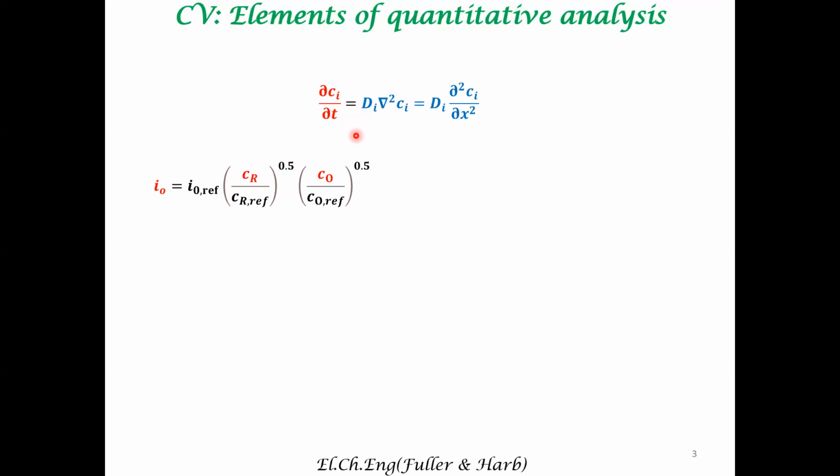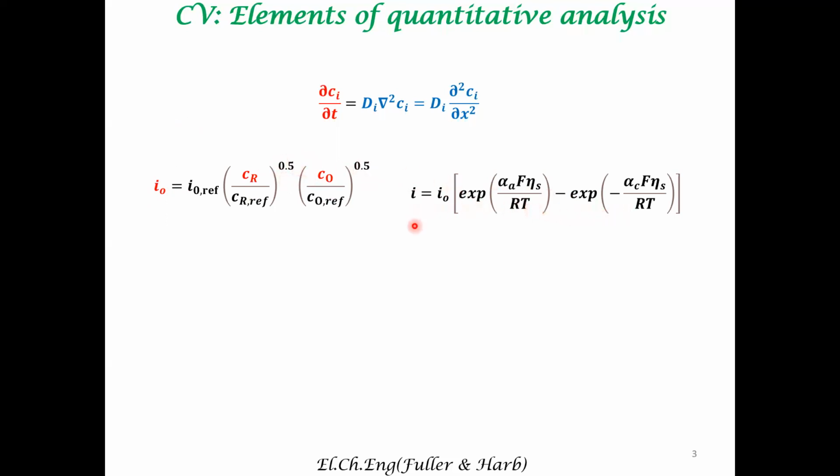Once the concentrations of C_R and C_O are available to you, you can use them to calculate the exchange current density. And you can use the Butler-Volmer equation, assuming you know alpha_A and alpha_C. Most of the time we are using a value of 0.5 in our analysis.